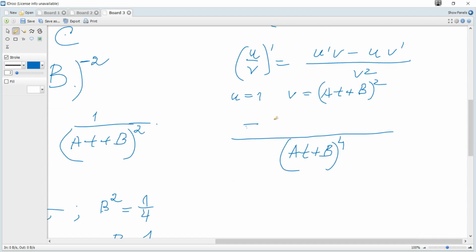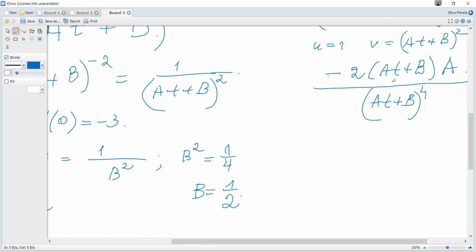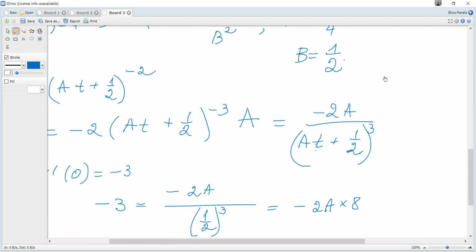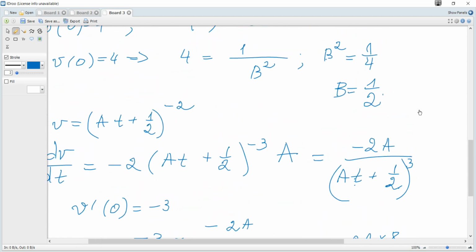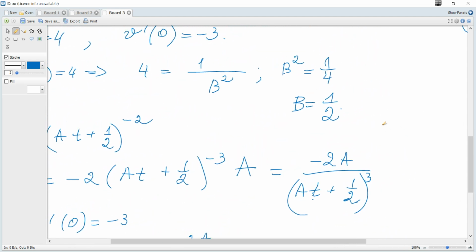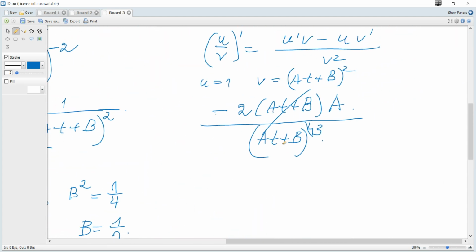So it becomes minus 2 at plus b, times the derivative of at plus b, which is a. You can see that it cancels, so it is cubed, and we get negative 2a over at plus b cubed. Yes, it's absolutely the same.